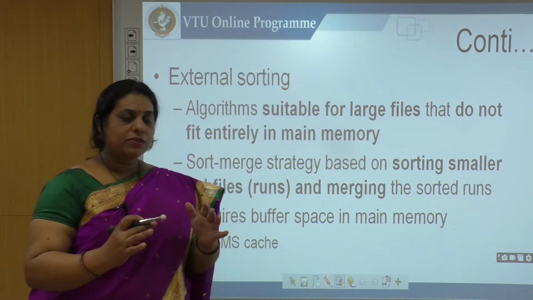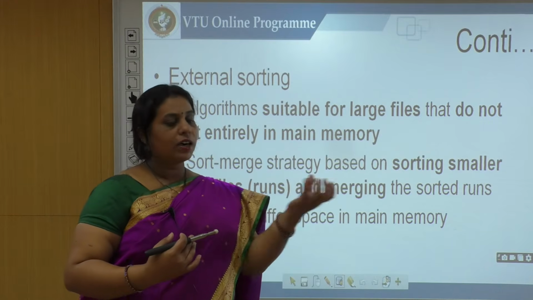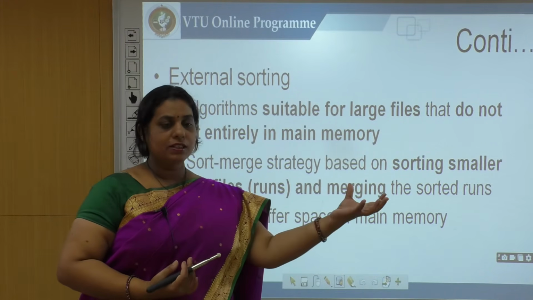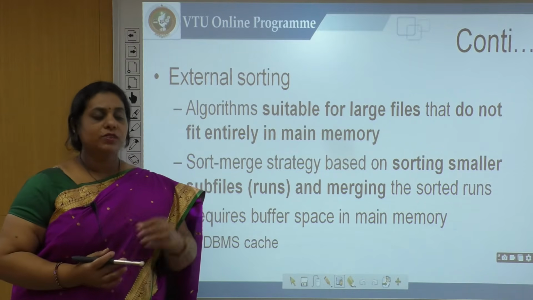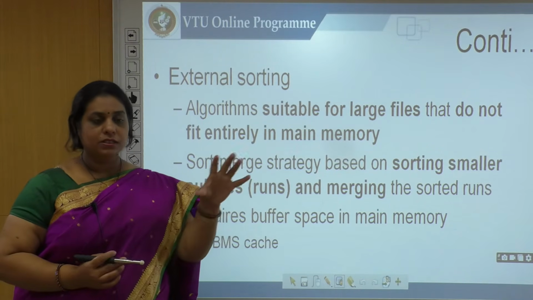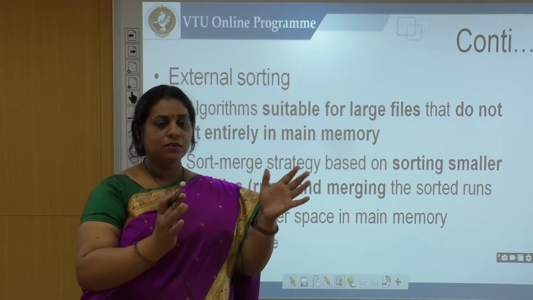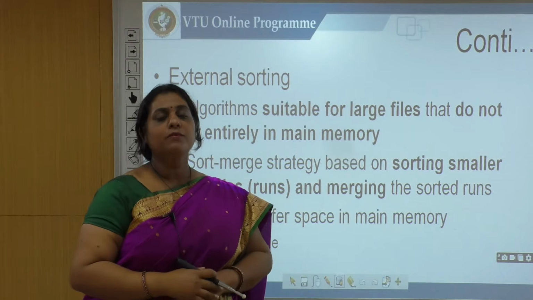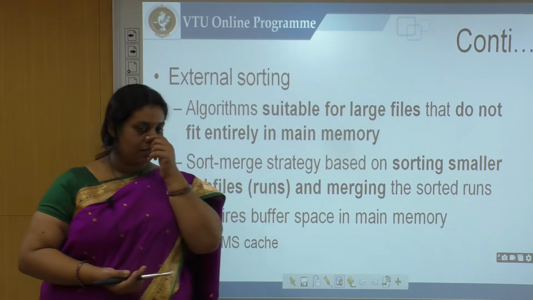You should know, whenever we want to work with data in the computer, the value has to be present in the main memory, right? From secondary storage it has to be moved to main memory, and only then can we work with it. External sorting helps for larger files that cannot fit entirely into main memory. If they fit, I can just sort them.